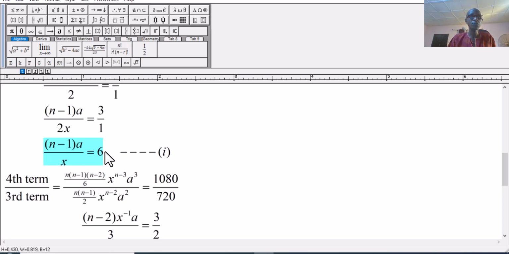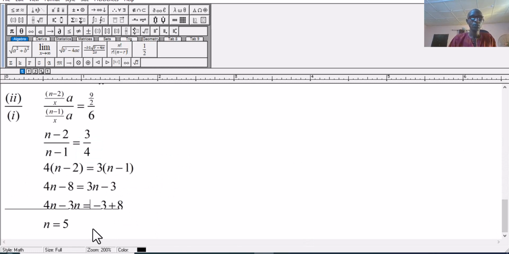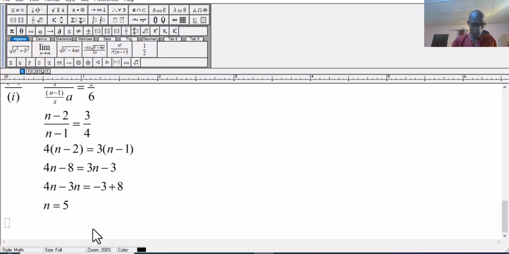Let's use this, using this equation, which is our 1.